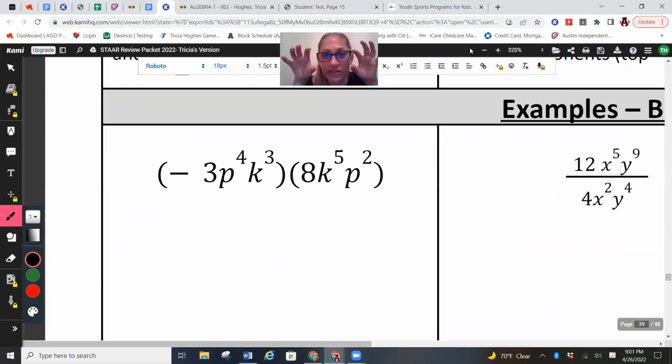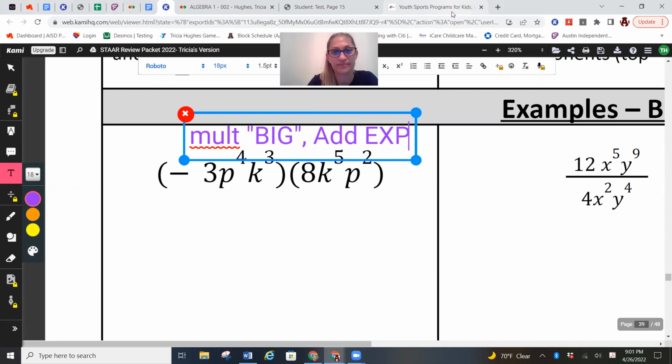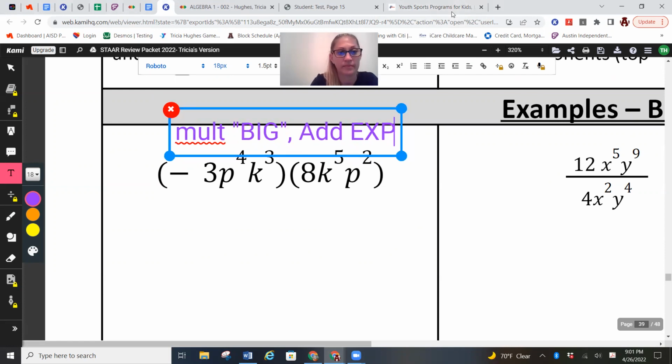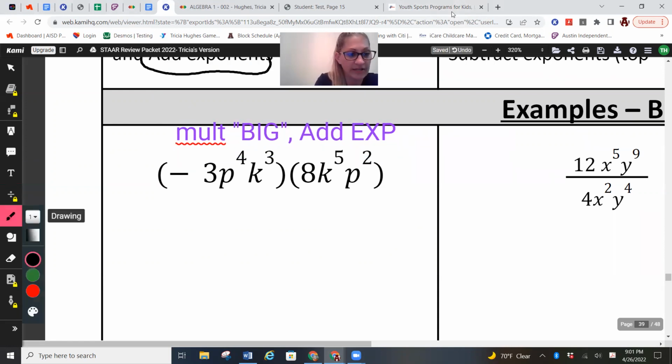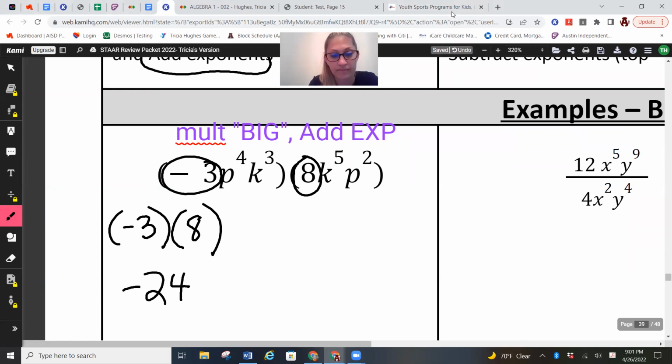We do have 2 parentheses side by side, just like it said. We're going to multiply the big numbers, add exponents. Okay, so let's do that. This would be a big number. This would also be a big number. Multiply the big numbers. Now it says to add exponents.